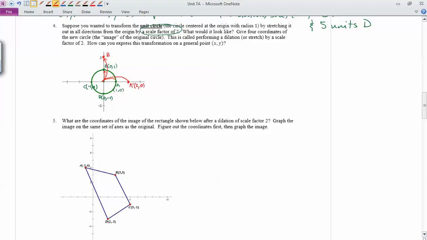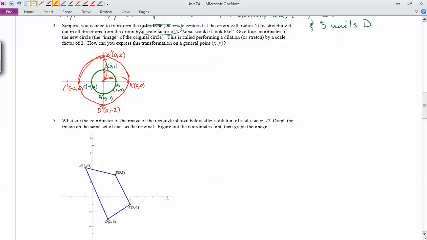B prime is going to end up at 0, 2. C prime will end up at negative 2, 0. And D prime will end up at 0, negative 2. And then if you connect those, you're going to get just a bigger circle instead. And notice, they're not congruent circles, but they are similar circles.